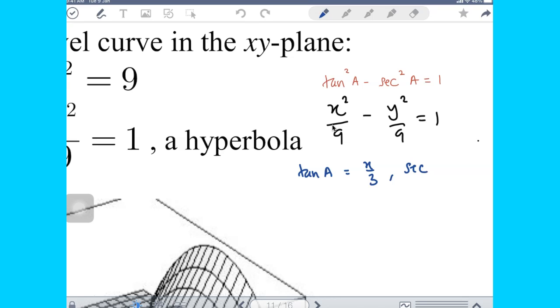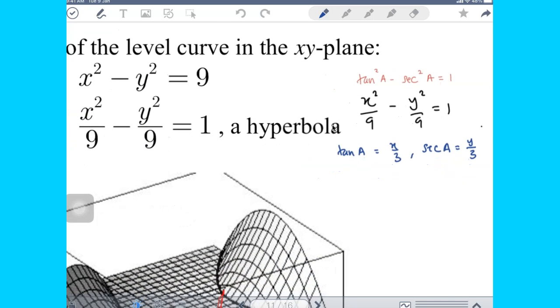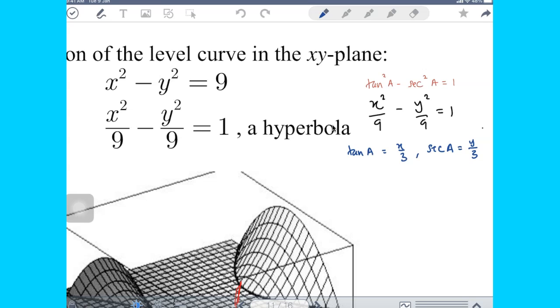secant A is equal to y over 3. But normally in vector we use t, right? So instead of a, I just change to t, so that the parametric equation is in terms of t.